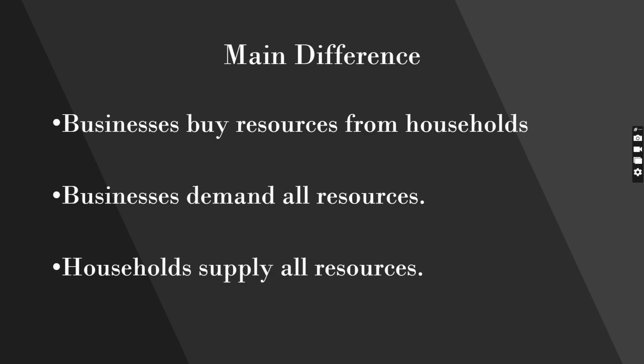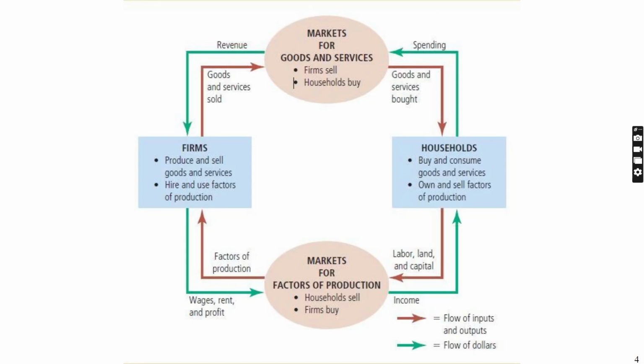And we learned this back in Unit 1. But this means that households will now be supply and businesses will now be demand. And y'all, this is the biggest point of confusion. Okay, if you understand that factor markets are the reverse of product markets as far as what the economic agents are demanding and supplying, then you will be on your way to understanding the rest of this unit.